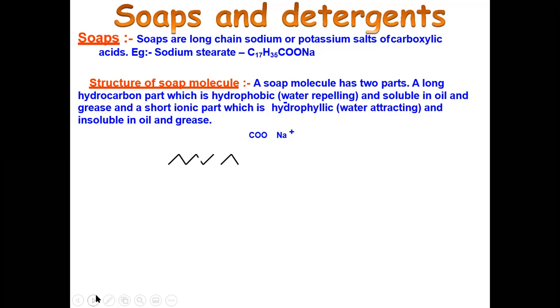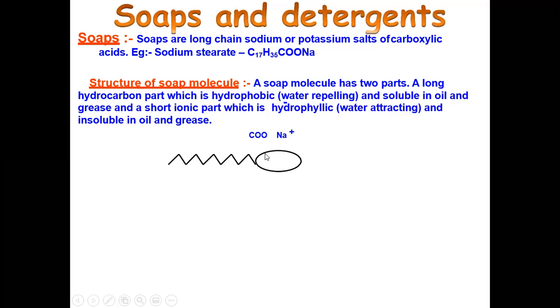Structure of soap molecule. A soap molecule has two parts: a long hydrocarbon part which is hydrophobic, meaning water repelling, and soluble in oil and grease, and a short ionic part which is hydrophilic, water attracting, and insoluble in oil and grease.